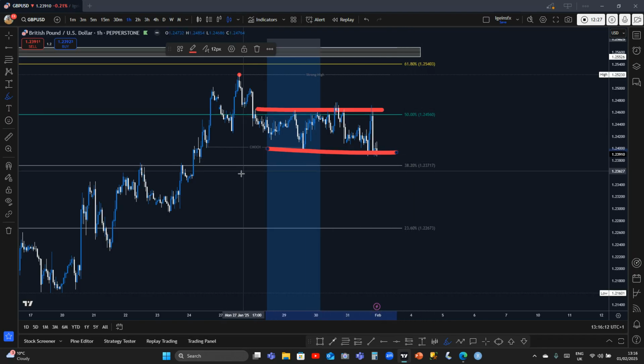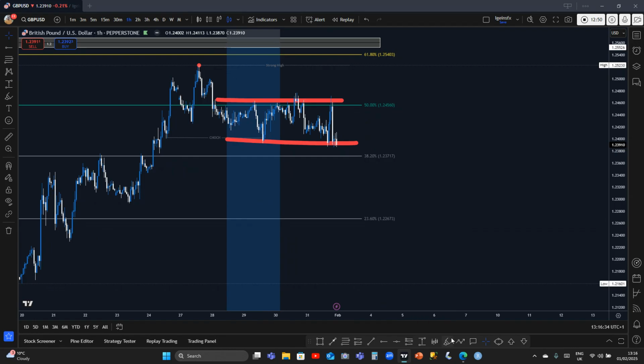So what I'm expecting this new week that we've just entered, the next coming week, is for price to break out of this place. Now, where are we expecting price?